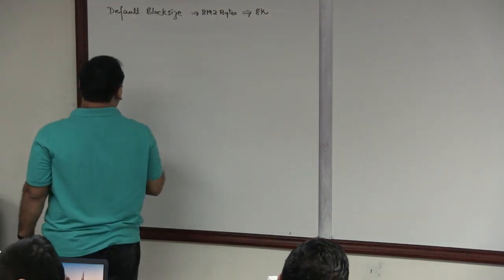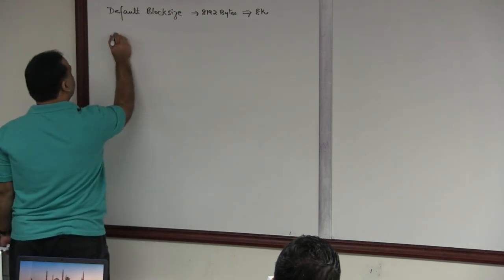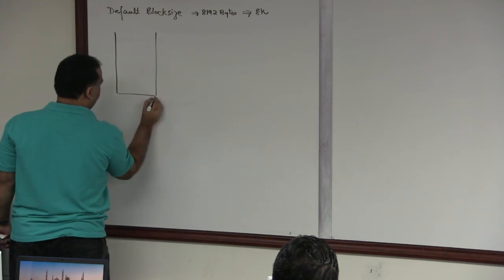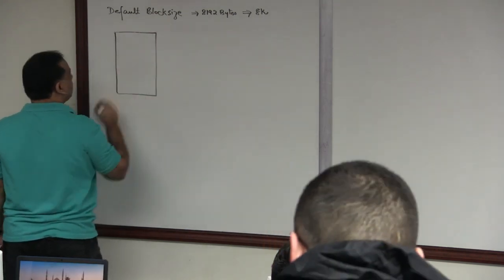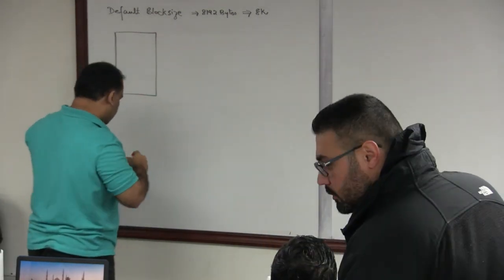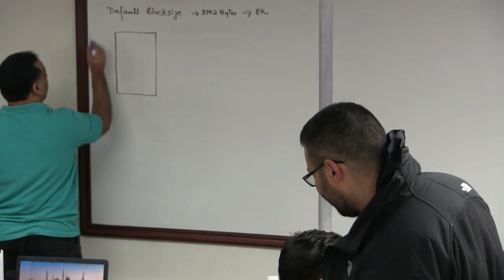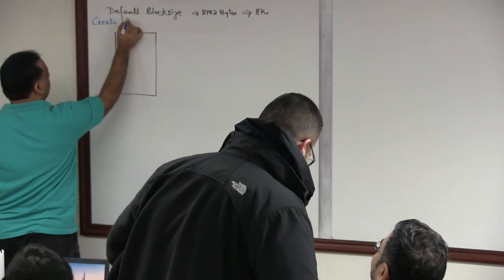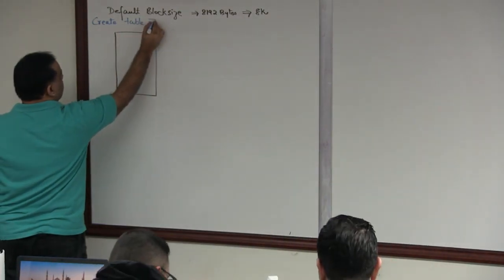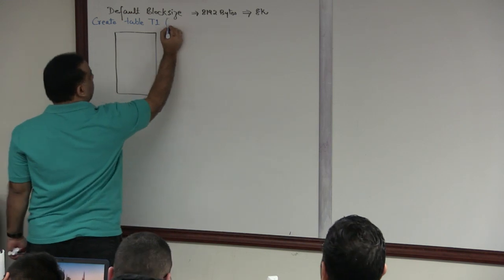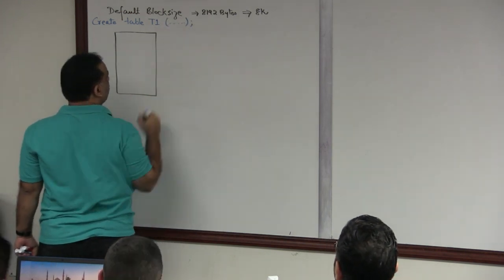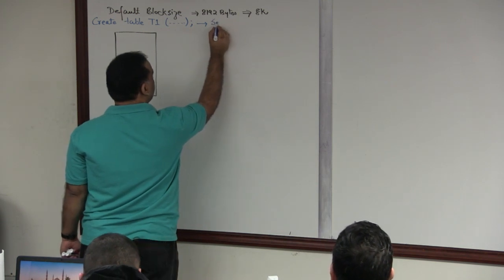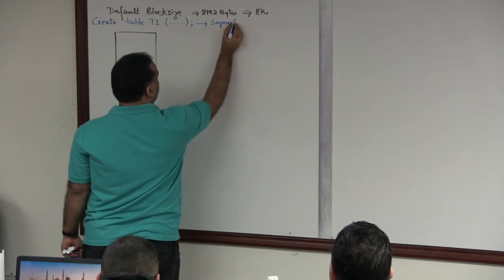Okay. So let's start looking into the block. Let's say the user has just created a table: create table T1, and then the table is created. Now when this table is created, a segment is created, right?